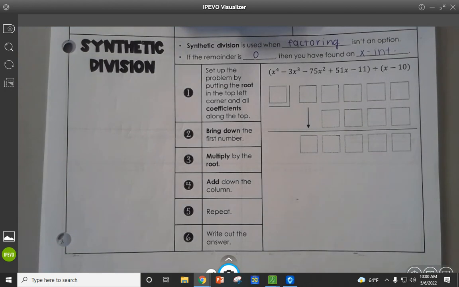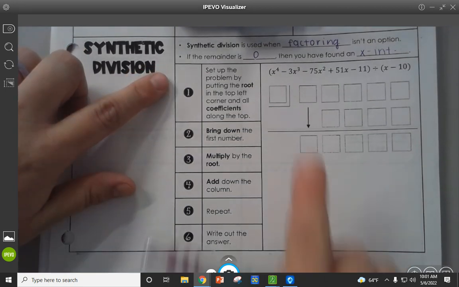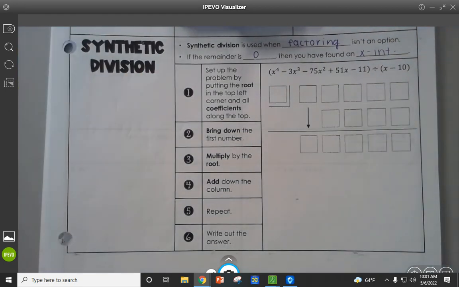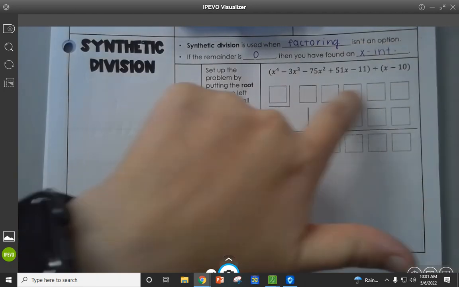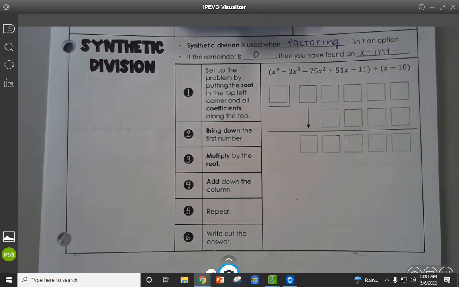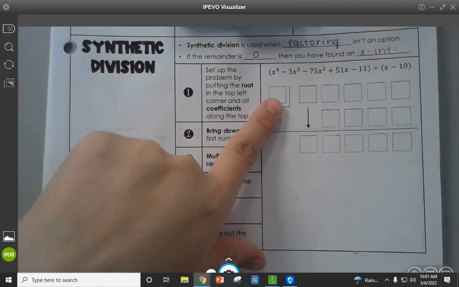So here is the process for doing synthetic division. Step 1, we have to set up the problem. I've put in some boxes here to help you keep your work organized, and you'll follow this format every time. You just won't actually draw in all these boxes. In the top left corner, we put a number.